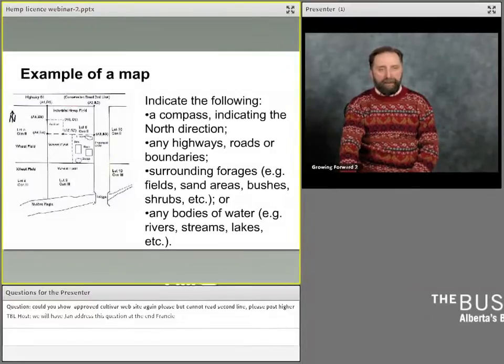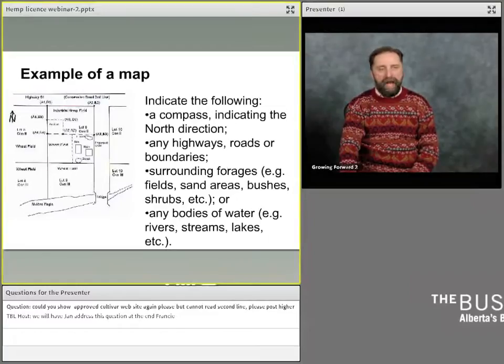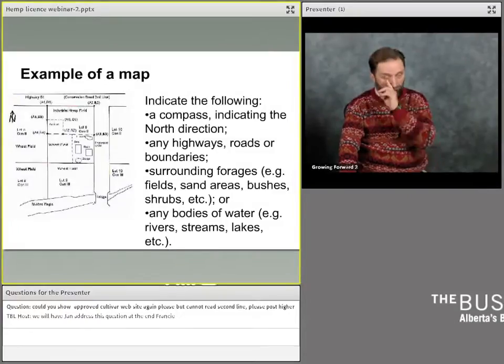So on this map, even if you do it by hand, you have to indicate a few important features. A compass showing where north is. A person has to know how to orient this map. Highways, roads, and boundaries.